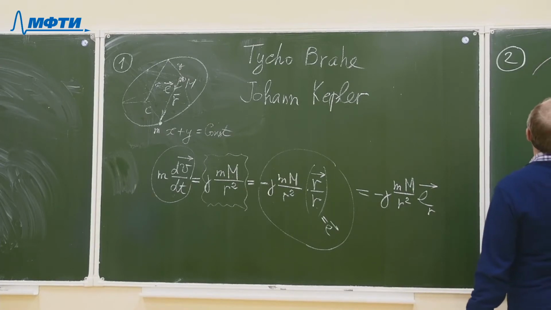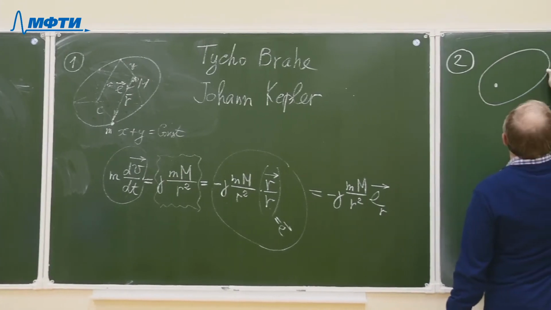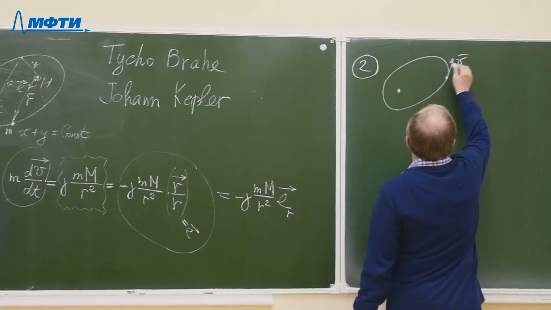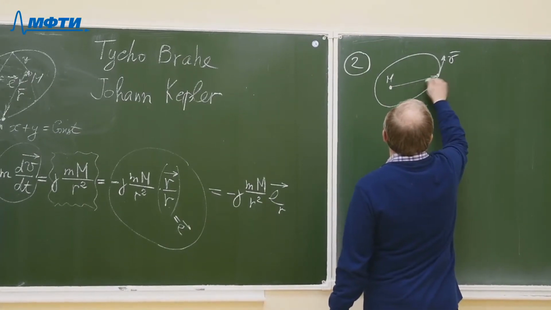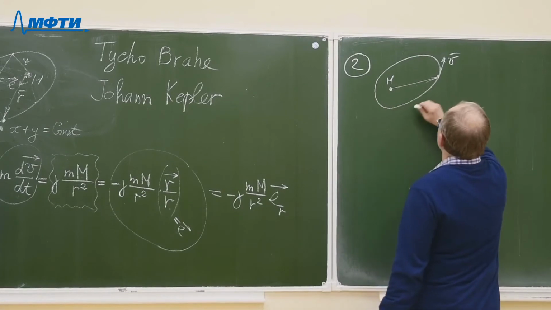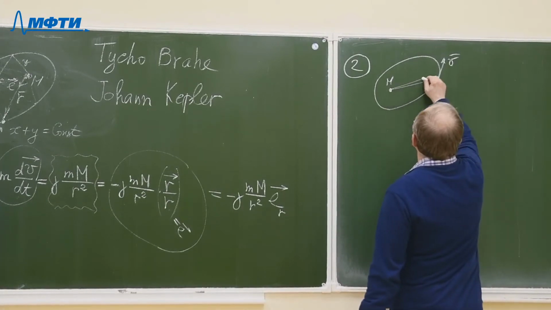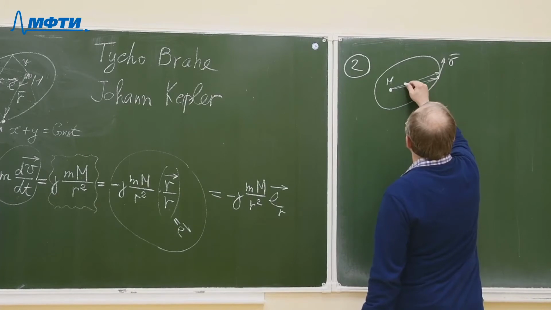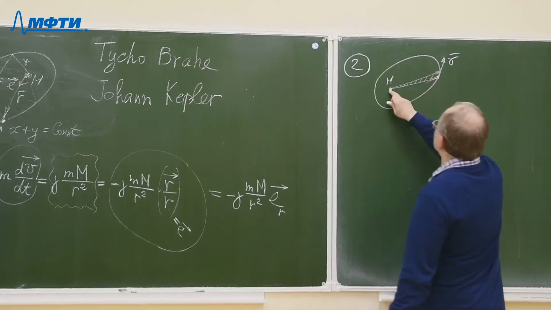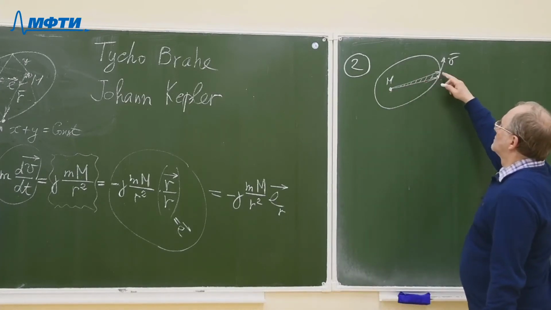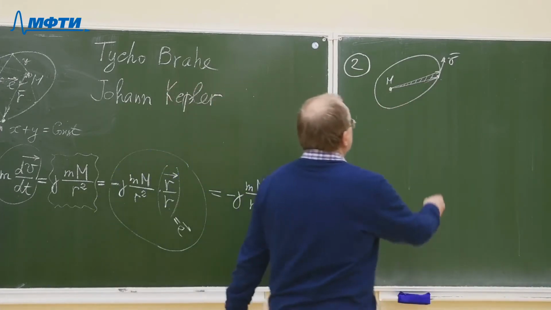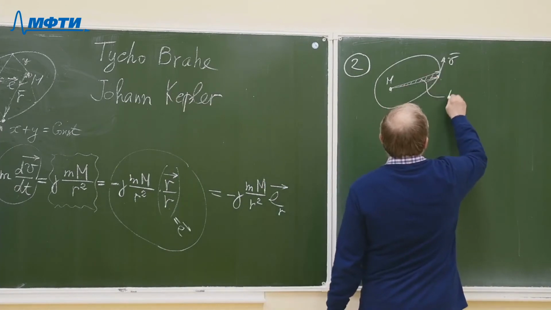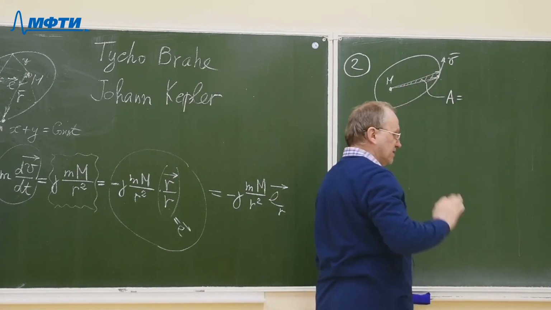It says that if a planet is going along its trajectory about the Sun, along the elliptical curve, then in equal time intervals, the radius vector from the Sun to the planet will sweep equal areas. That is the area of this figure, the area A. It's not work, it's area.